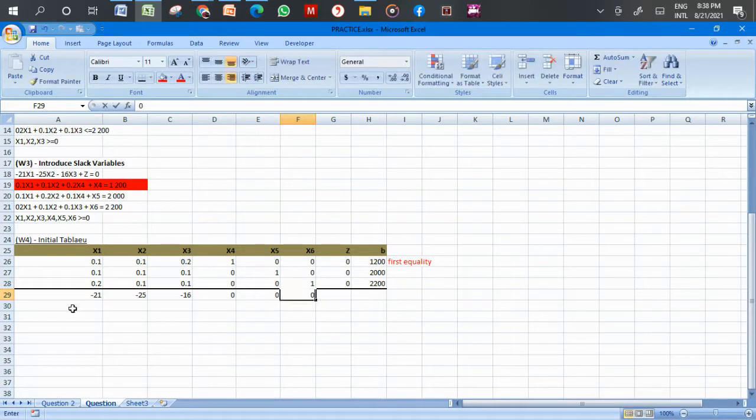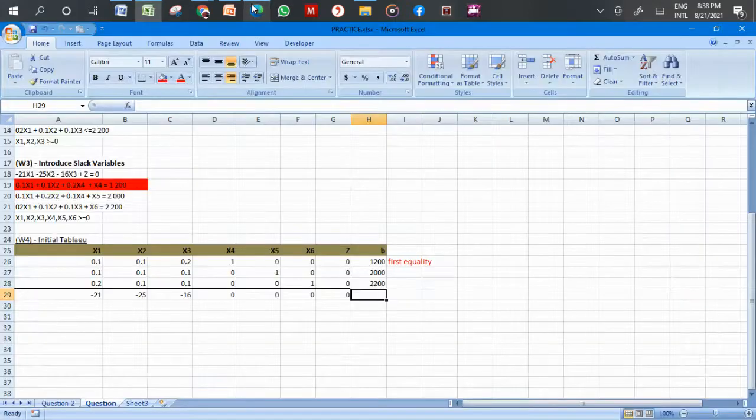Then we do not have anything in the next columns. For z, let me see the maximized contribution.